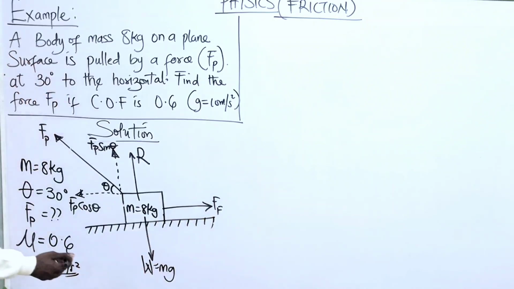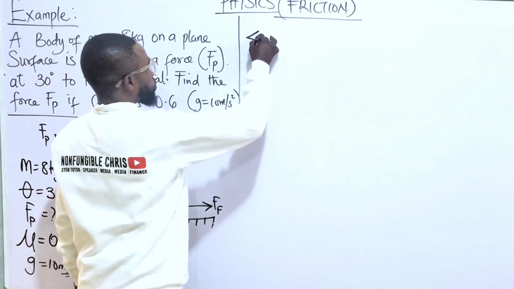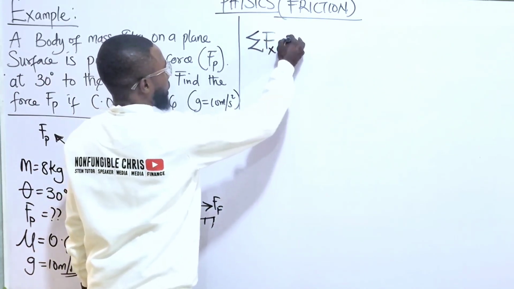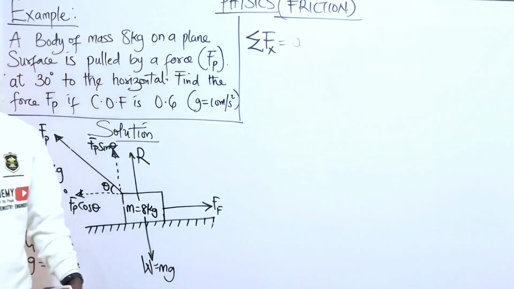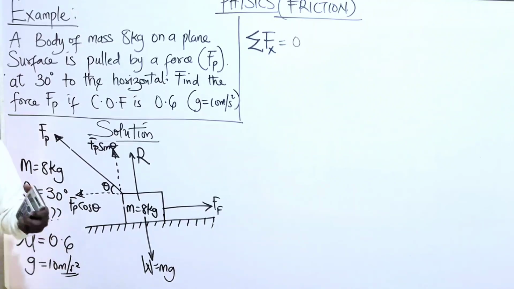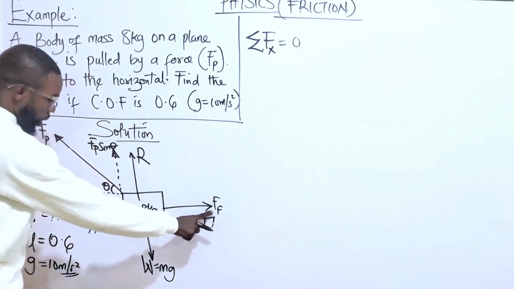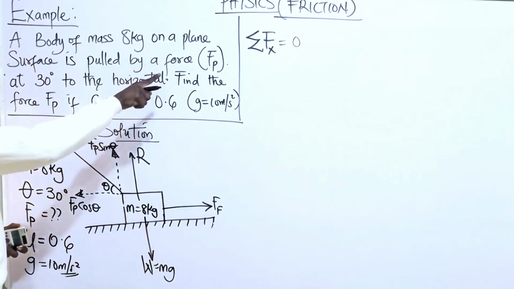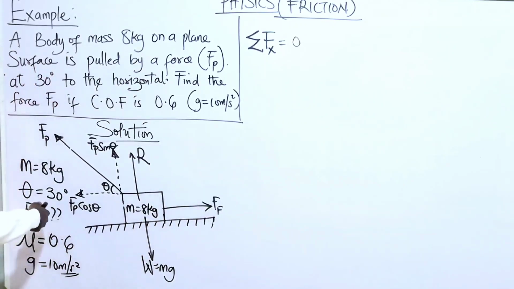So resolution of forces along the x-axis will be equal to 0. Remember, when we're looking at our resolution of forces, we said all the forces sum to give us 0, right? So in the x direction, it's going to be this force minus this force.